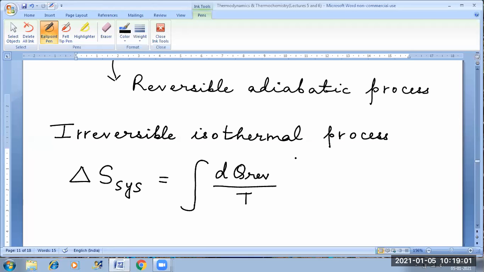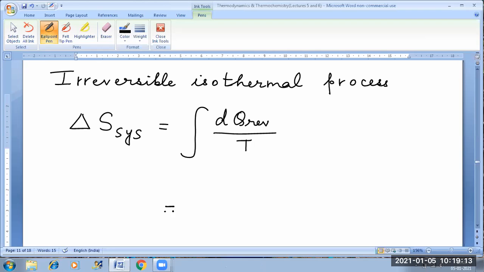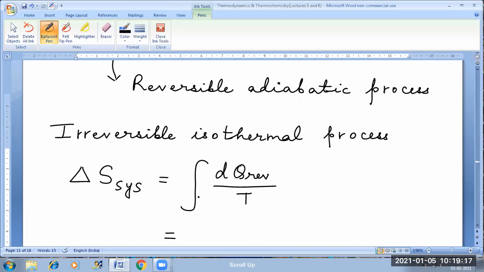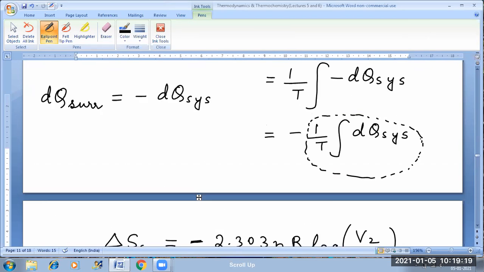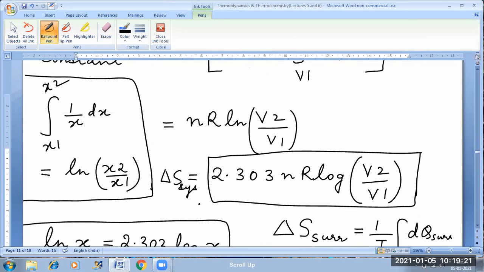So for a reversible isothermal process reaching the same final state B, what would be the value of dq? That is called dq reversible. It is nothing but that same thing which we did earlier, because that was also for a reversible process. So I can say delta S system will be the same as this value.